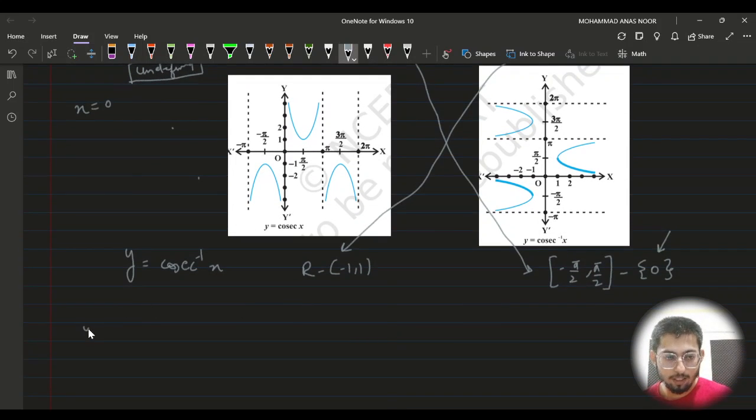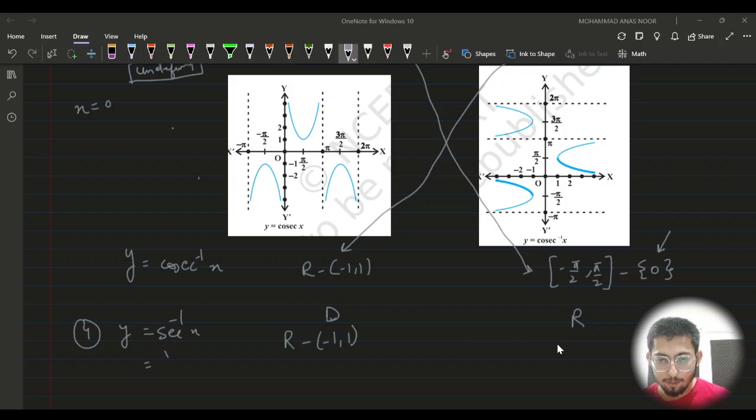Now what should be the case for sec? Can you guess it on your own? Rather, directly tell me, can you tell me the domain and range for sec?